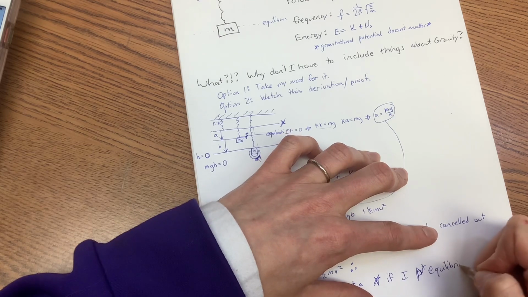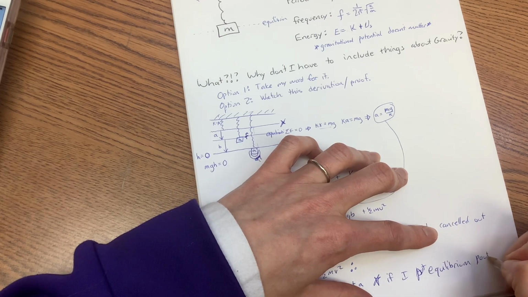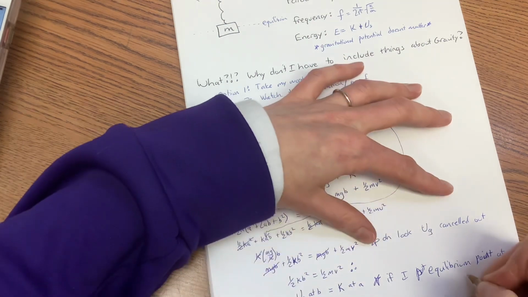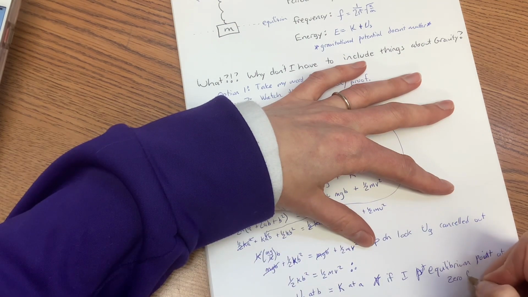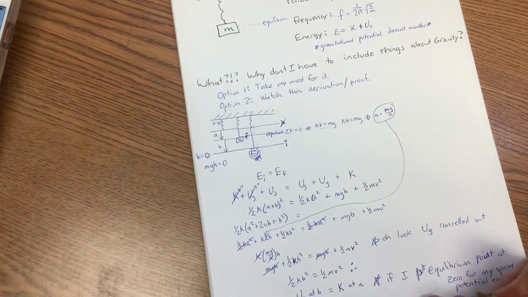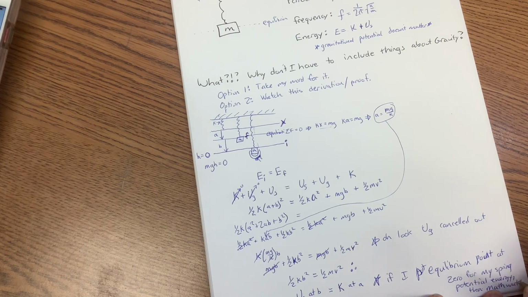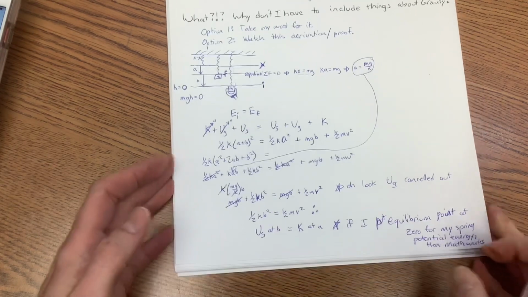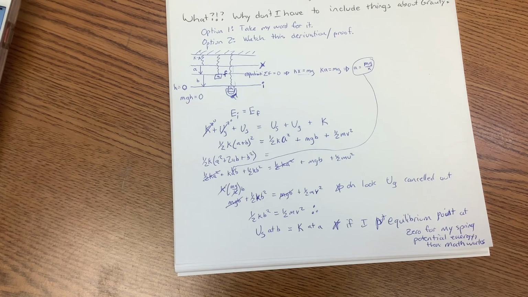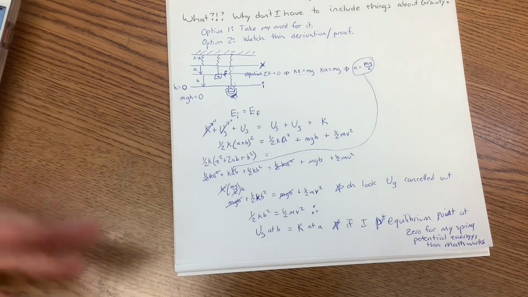If I put the equilibrium point, wow, I can't spell this morning, point at the 0 for my spring potential energy, then the math works. Okay? Ta-da! All right. Go forth, 2 questions. Have fun.